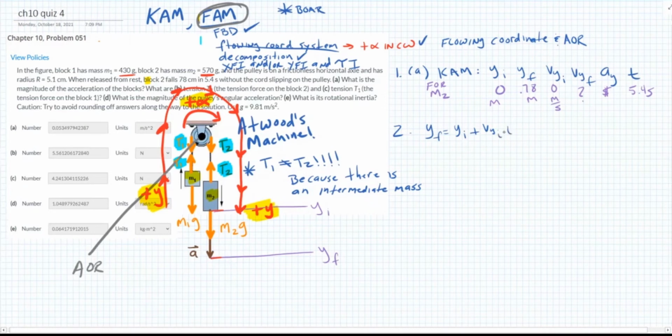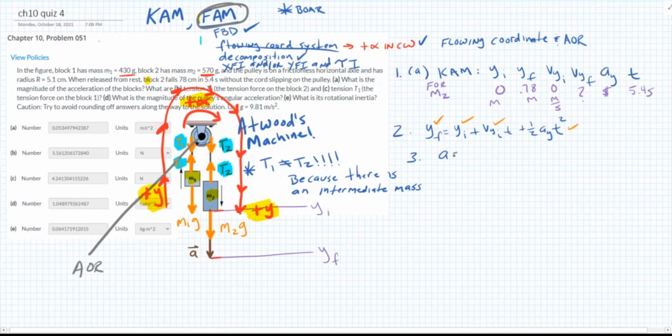Vy initial T plus... I guess I'll try this one. Before I get too far down the road, do I know Y final? Yes. I know Y initial, Vy initial starting from rest. So this looks pretty easy. I know T. So let's get a numerical answer to part A and then go forward.